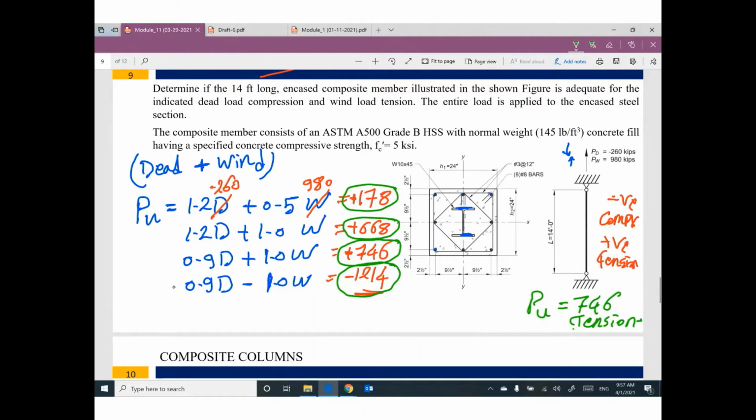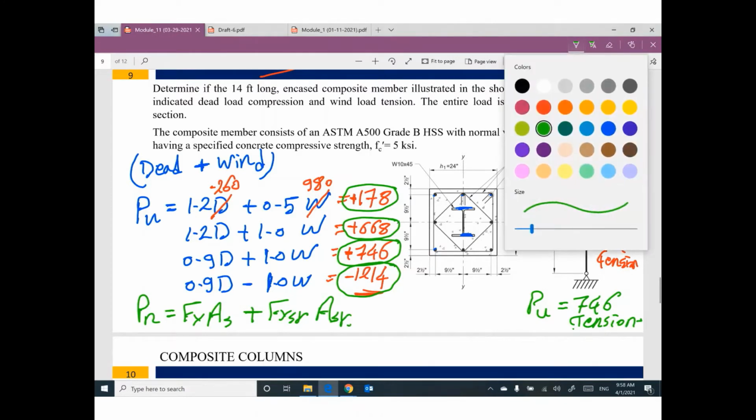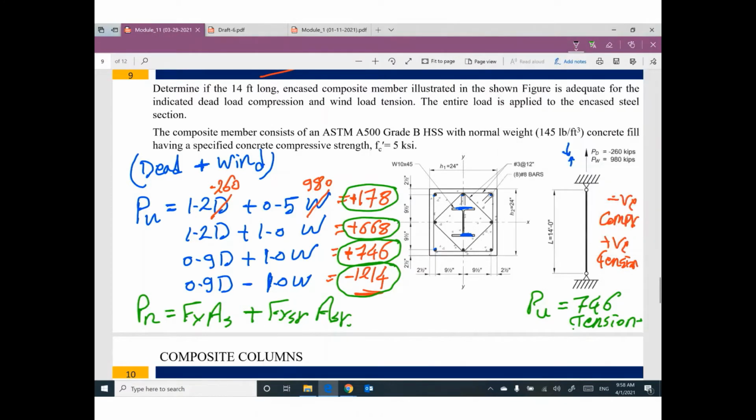Okay, Pn equal F yield area steel plus F yield steel reinforcement times area steel reinforcement. That's all. Just one step. F yield is 50.